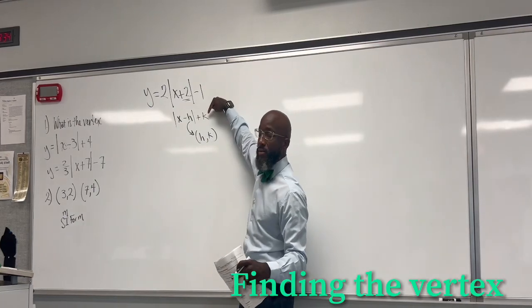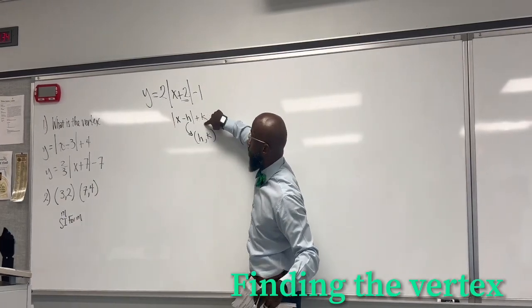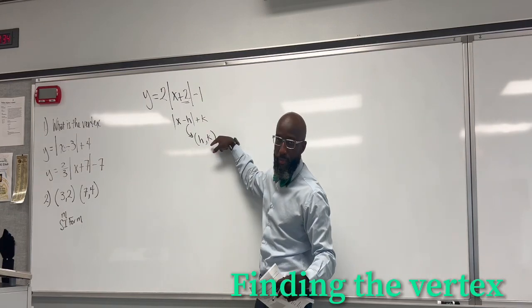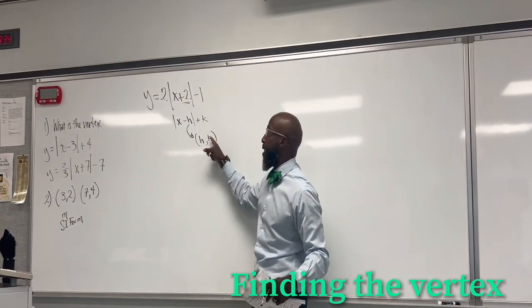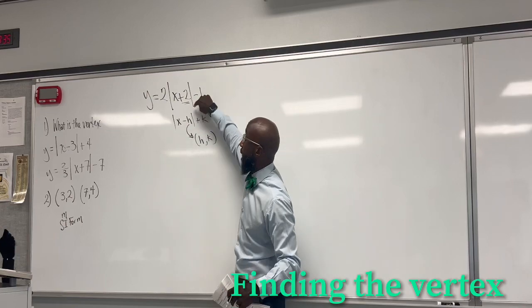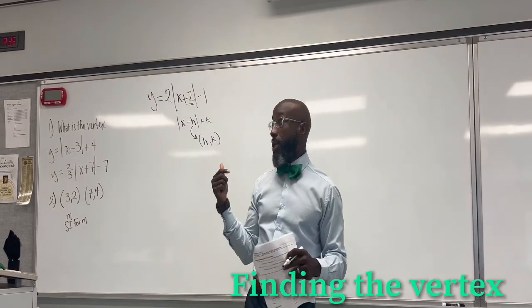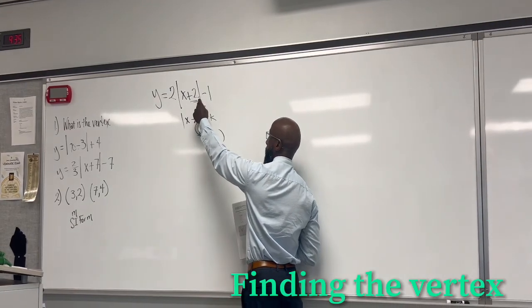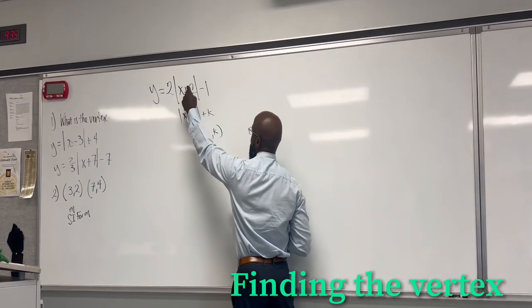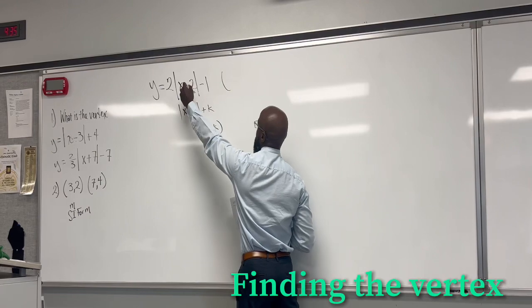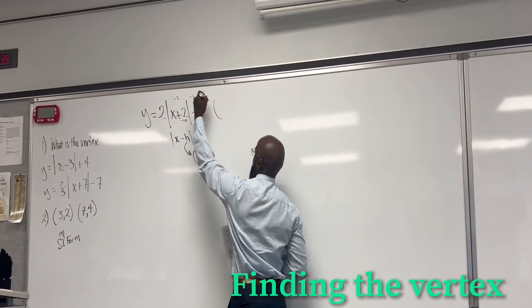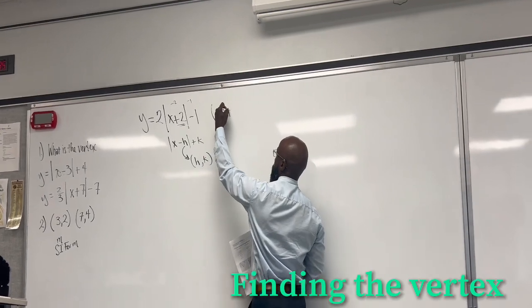But outside of the absolute value bars, positive is positive and negative is negative. So in this problem, with the absolute value of x plus 2, minus 1, the plus 2 means h is negative 2 and the y is negative 1. So our vertex is negative 2, negative 1.